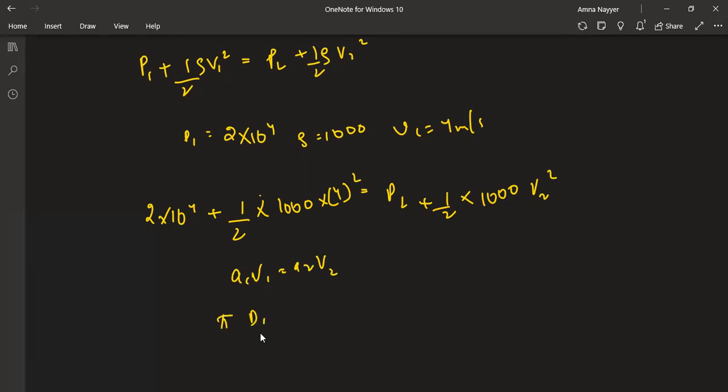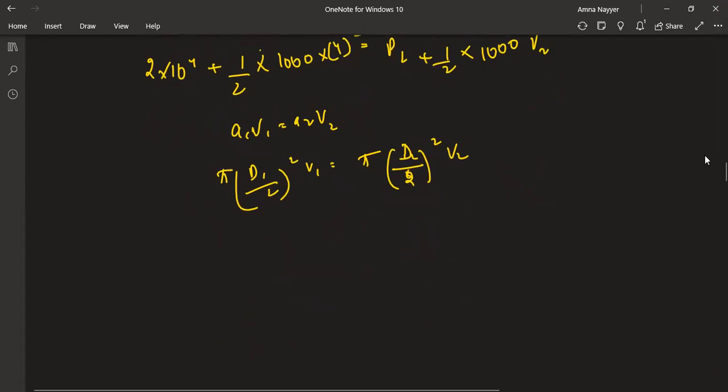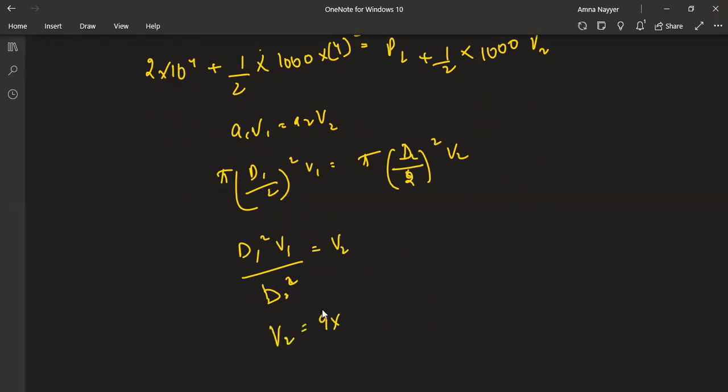Area is pi times d1 by 2 whole square times V1, equal to pi times d2 by 2 whole square times V2. So d1 square V1 by d2 square is equal to V2. So V2 will become 9 by 9 into 4 by 36, right? So that will be again 1 meter per second.